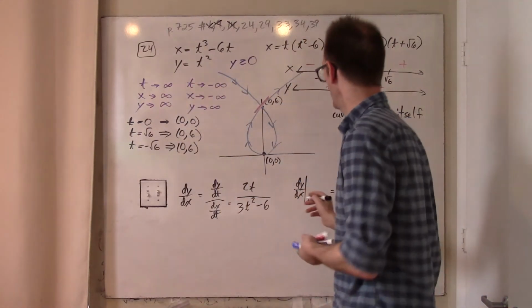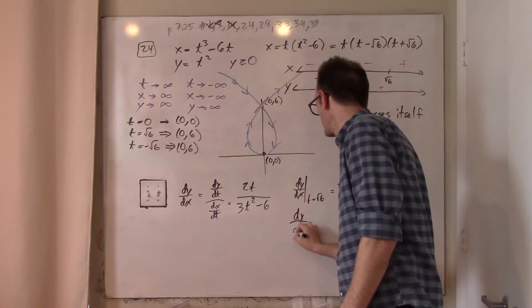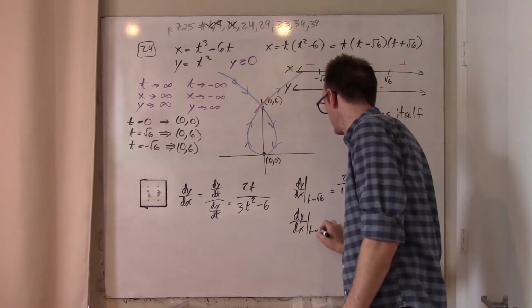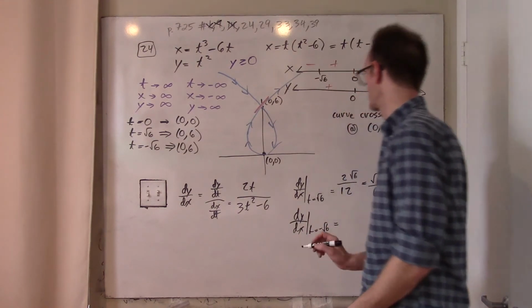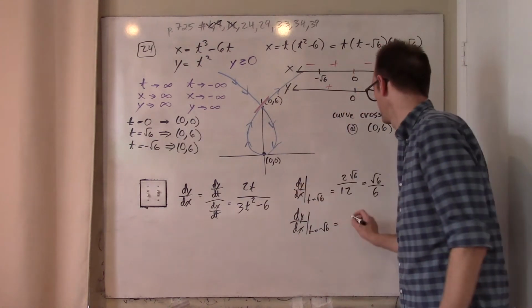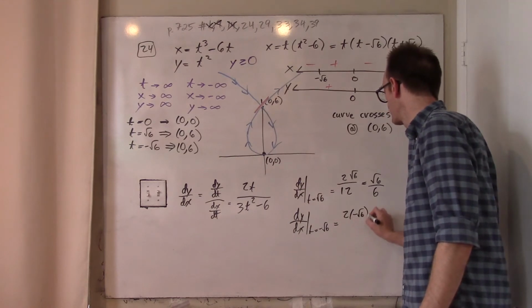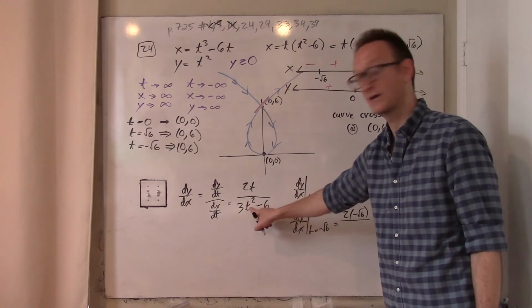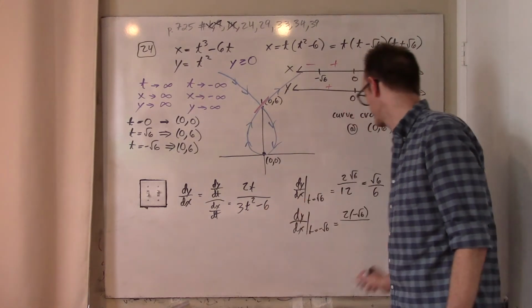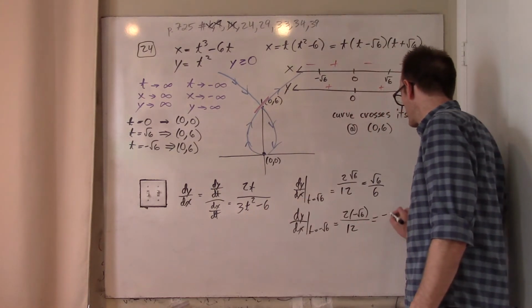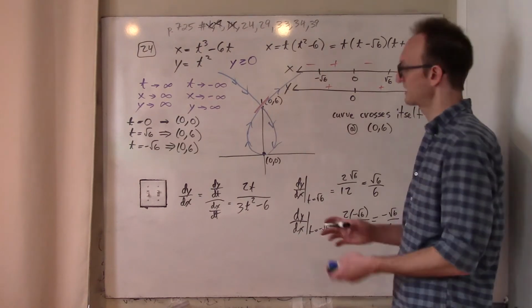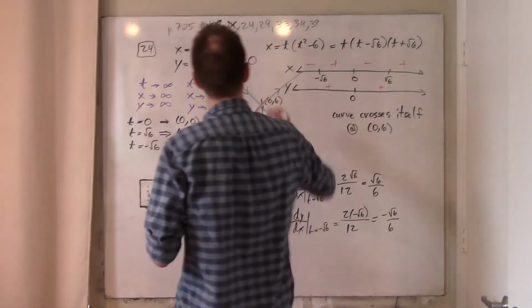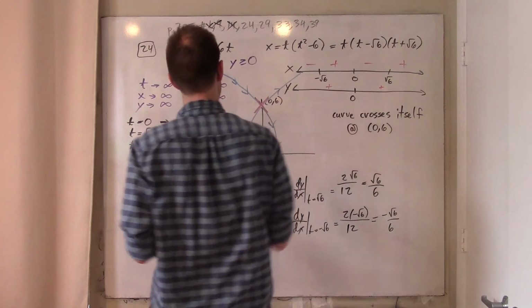And what is dy/dx at t equals negative root 6? Well, I get 2 times negative root 6 over, but down here when I square negative root 6, I get 6, so 18 minus 6 is 12. So this is negative root 6 over 6, which kind of makes sense because this curve is completely symmetrical. And so this picture is making sense.